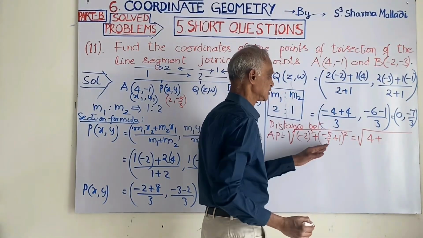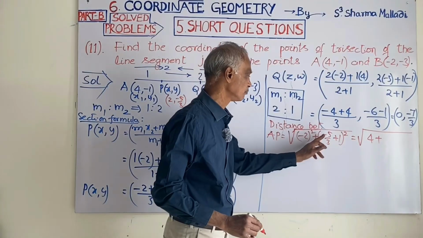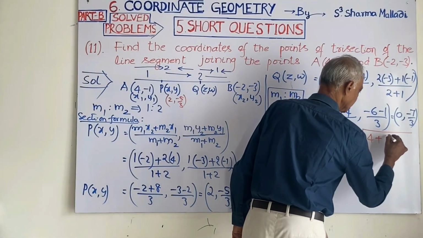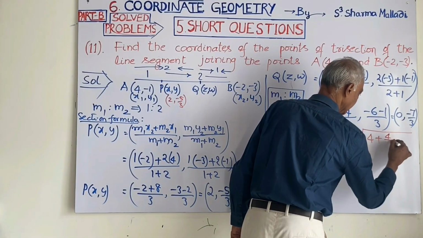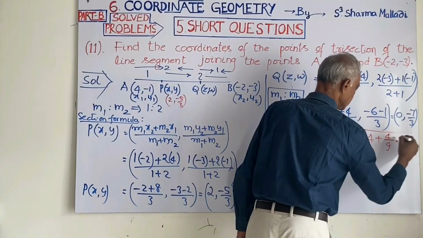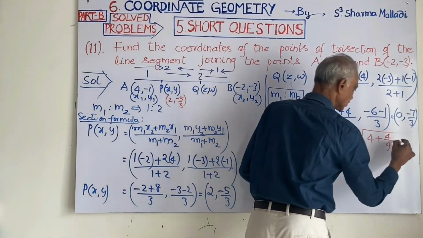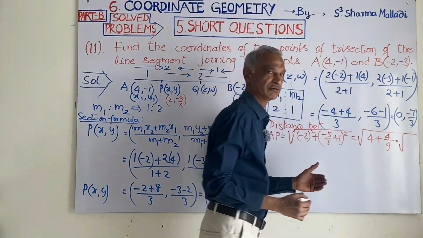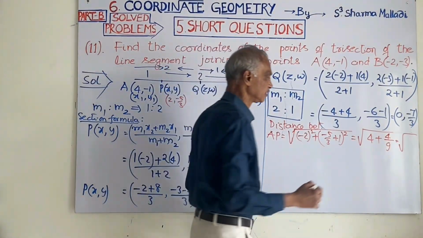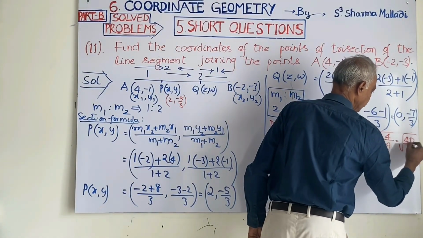Taking LCM 3, you get minus 5 plus 3, minus 2 by 3. Minus 2 by 3 whole square means 4 by 9. Nine fours are 36, 36 plus 4, so you get root of 40 by 9.